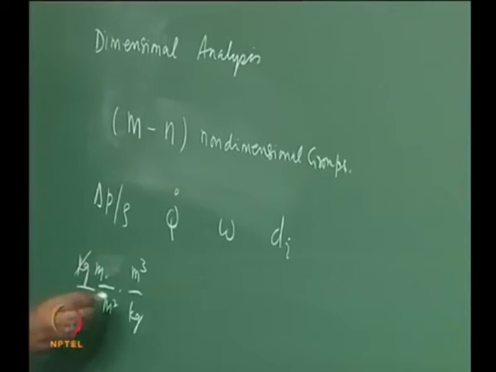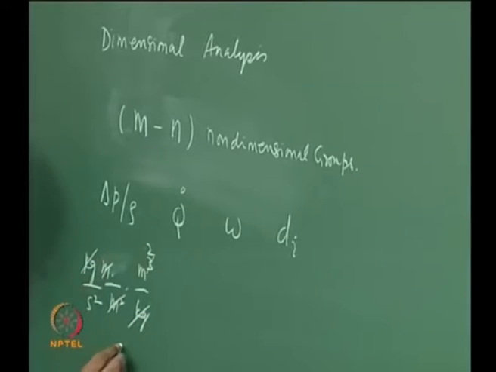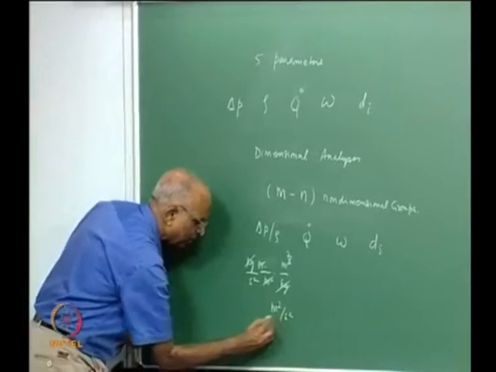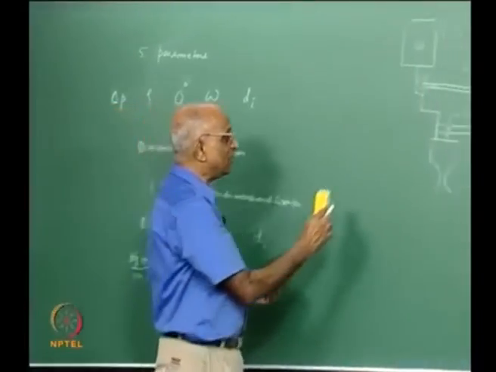Therefore, this gives me unit as meter square over here, that means equal to meter square by second square. Let us put down the primary dimensions now.